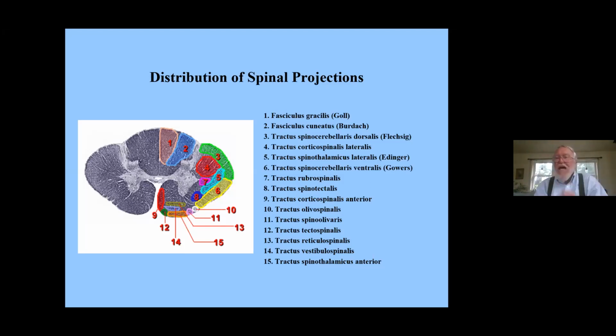Boom. Okay? Now, at exactly the same moment, the other cell with the identical input sends out fibers across the anterior white commissure. Then it goes into the anterior spinocerebellar tract.